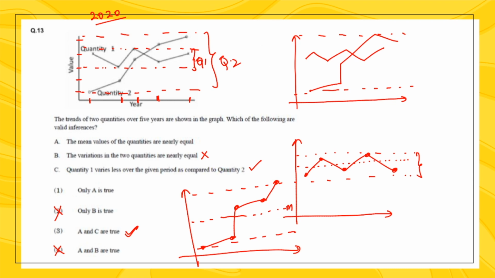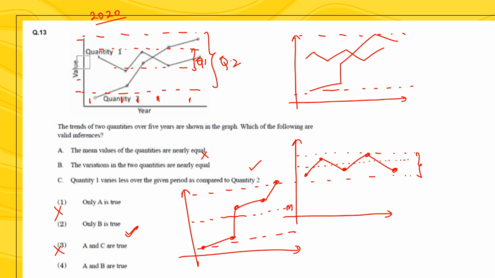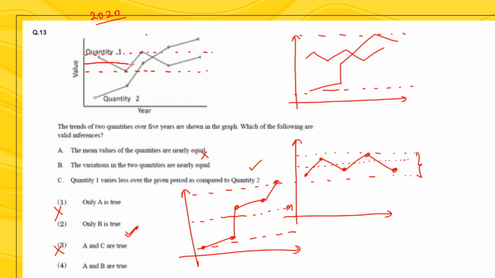Okay, so same thing if I want to show for this particular graph, how will I do that? For this graph, I can simply say that for quantity number 1, if this and this is the variation line, the mean is passing through the center.